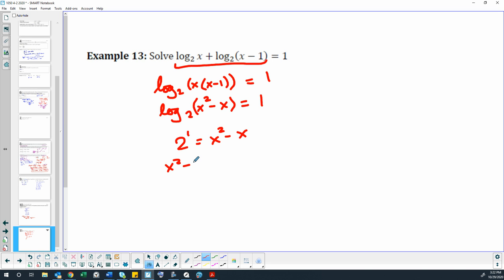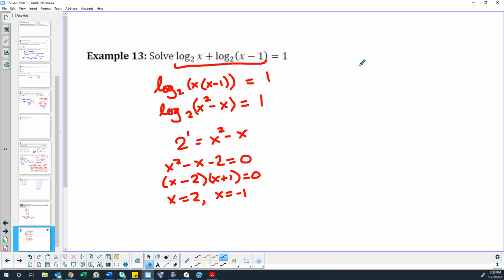Hopefully we've gotten pretty good at these by now. So I'm going to get everything on one side, subtract that 2 over there, and then I'll have 0 on the left, but I'm just going to go ahead and put the 0 on the right. Factor this: x minus 2, x plus 1. That gives me possible solutions of x equals 2 or x equals negative 1.